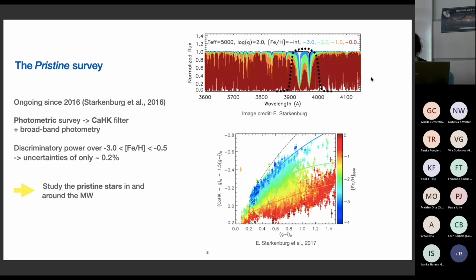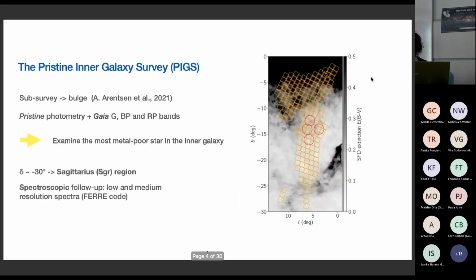But now let's come to how Pristine has combined the data also from Gaia. This has been done in a sub-survey called the Pristine Inner Galaxy Survey, PIGS, which specifically focuses on the inner galaxy. PIGS looks through the galactic bulge to gather and analyze the metal-poor stars present in the bulge.